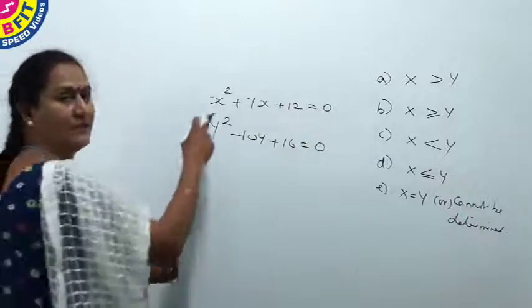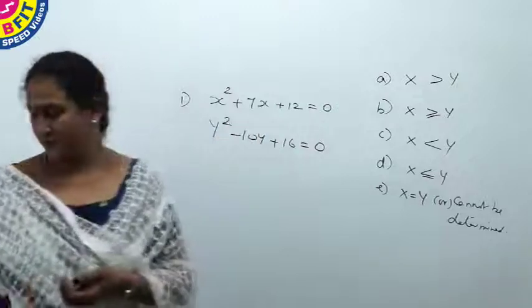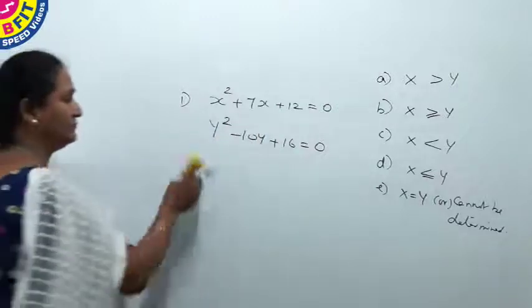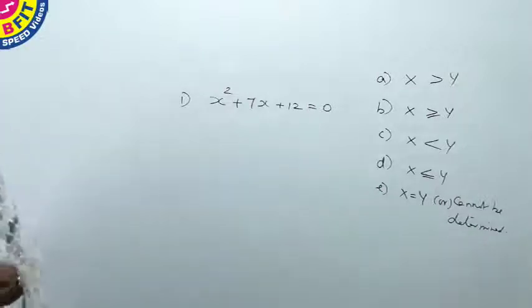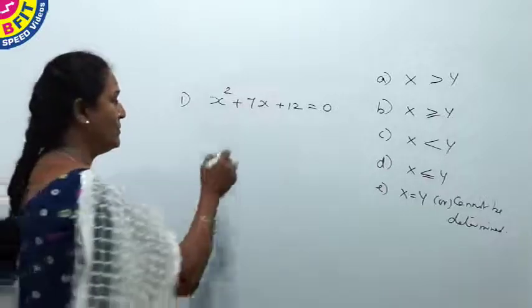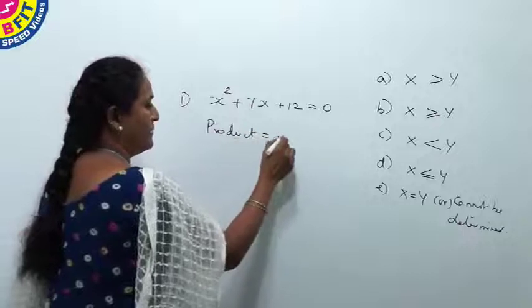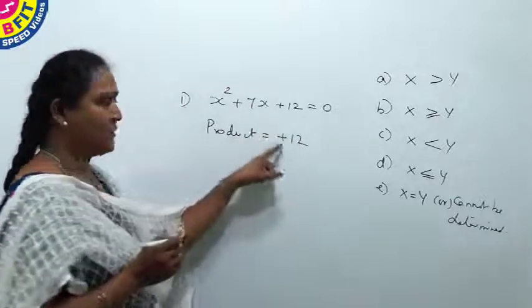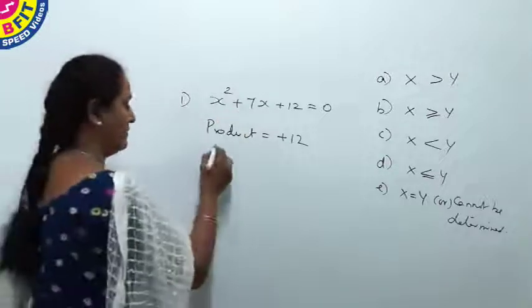So we'll solve the first using the same pattern. So we'll solve equation 1. The equation here is x square plus 7x plus 12 equal to 0. So the product should be 12, and as you have plus here, the sum of those two numbers should be 7.